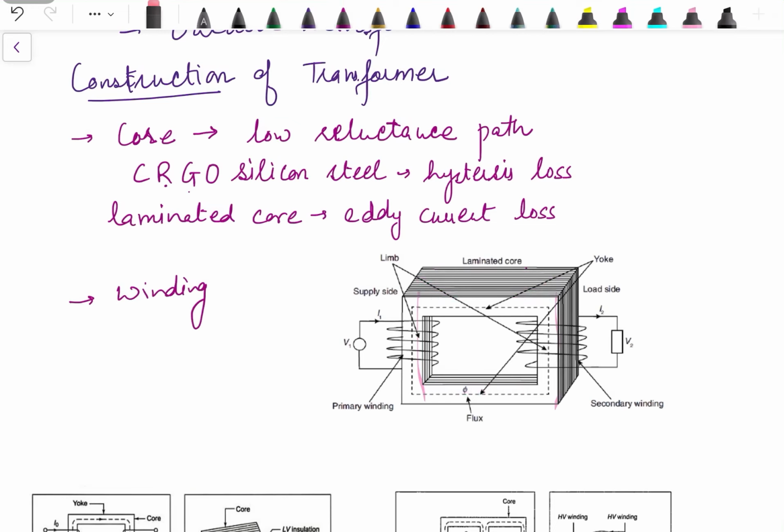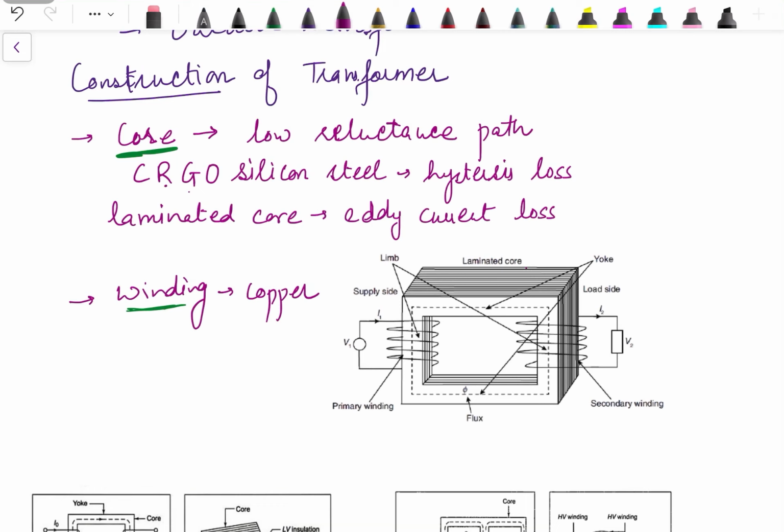Now the core of the transformer can be of two types. Based on that we have core type and shell type transformer. But before moving on to core type and shell type, let's move on to the second part of the transformer, that is winding. Now the windings are made up of copper.